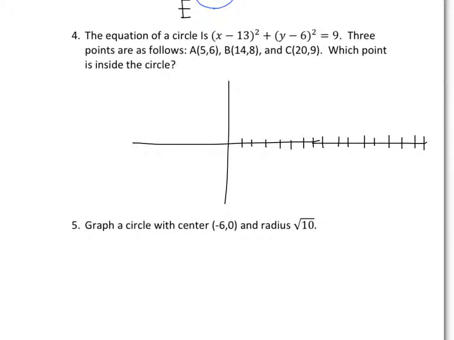And I'm going up 6, 1, 2, 3, 4, 5, 6. I need to go up 3 more because r is 3: 7, 8, 9. Now I can plot this. We have (13, 6). That's going to be my center, in red. And r equals 3. I'm going to go 3 in every direction.